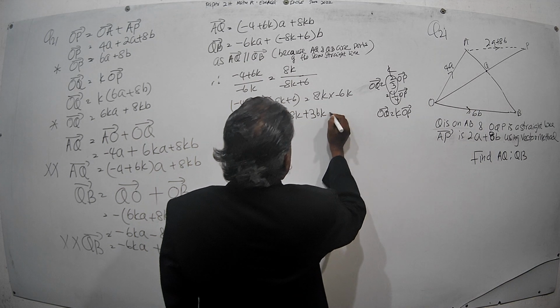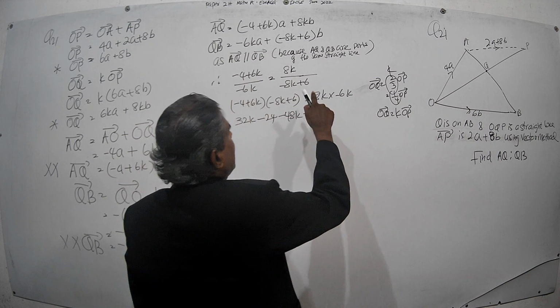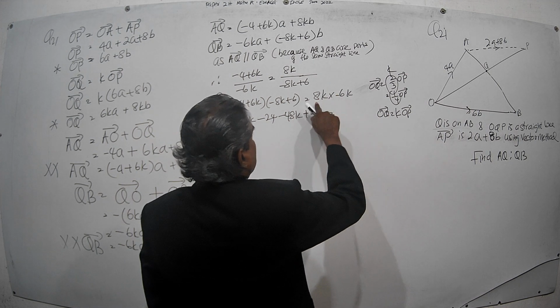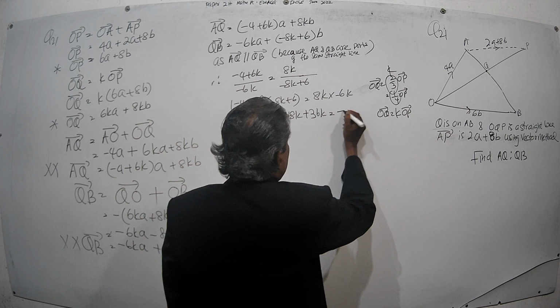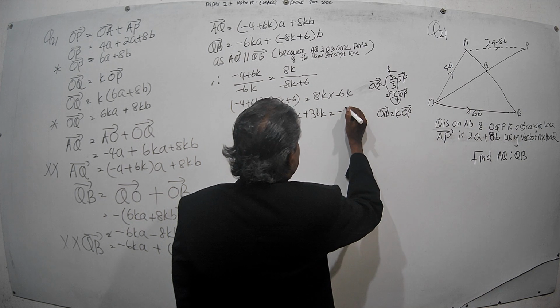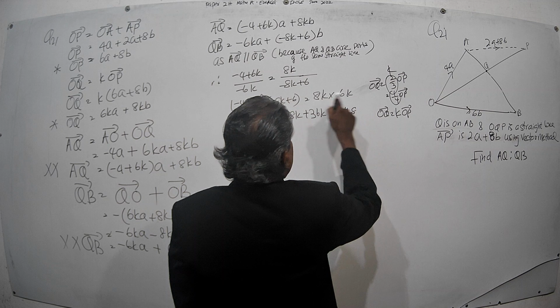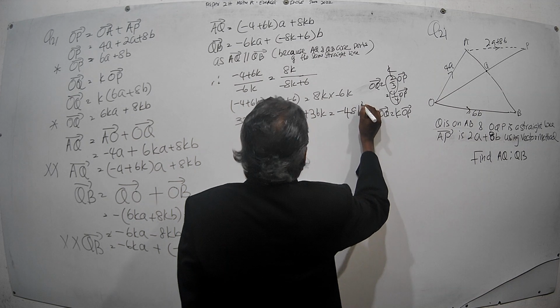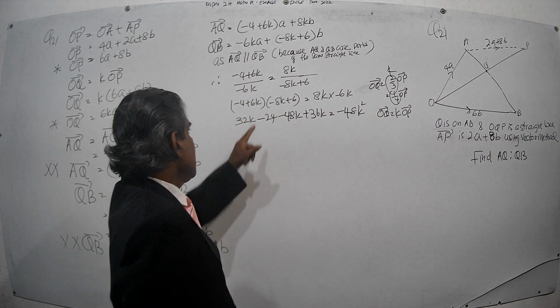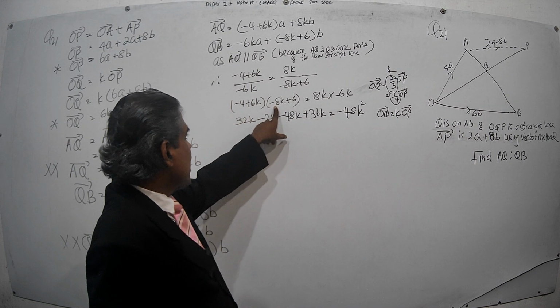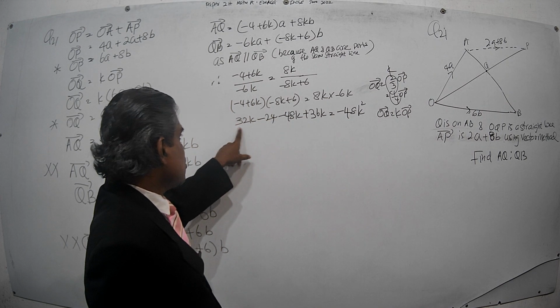36k. Then on this side you multiply 8k by minus 6k. 8 times minus 6 is minus 48, so minus 48k times k, which is k squared. Here also I think there's a mistake. Then when you multiply, minus 4 times minus 8k is 32k.